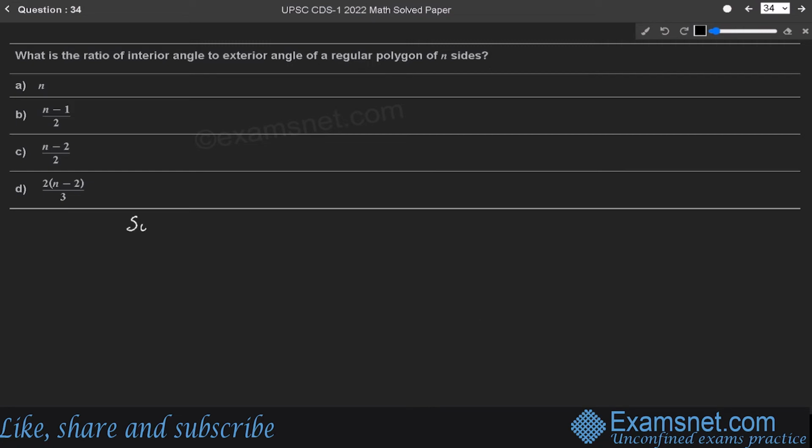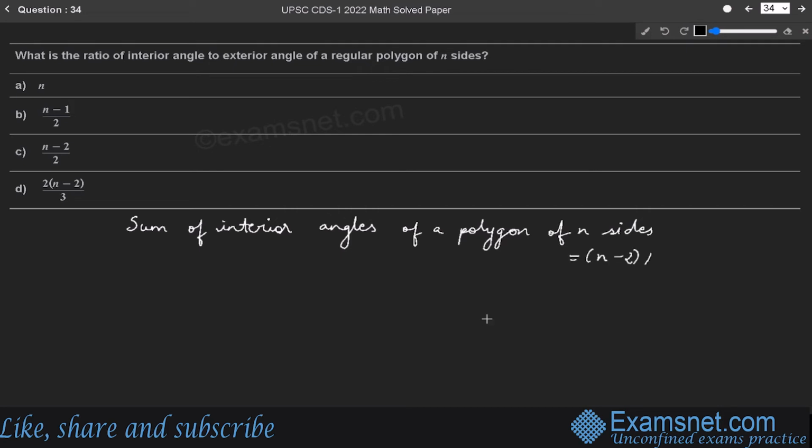We know that the sum of interior angles of a polygon of n sides is equal to (n minus 2) into 180 degrees. And we also know that the sum of exterior angles of a polygon of n sides is equal to 360 degrees.